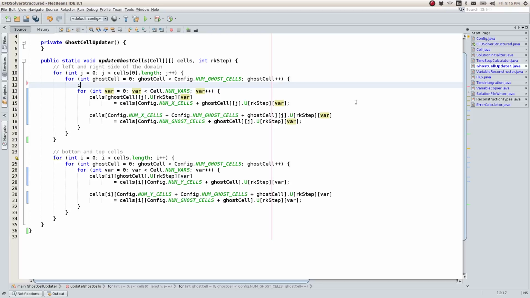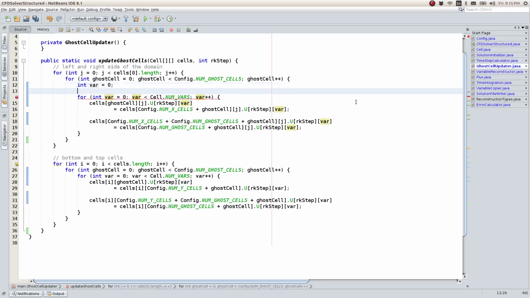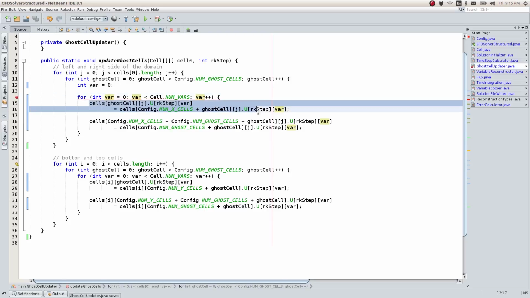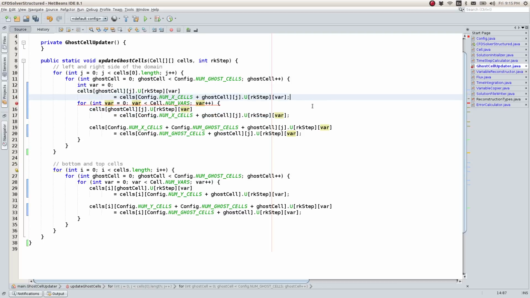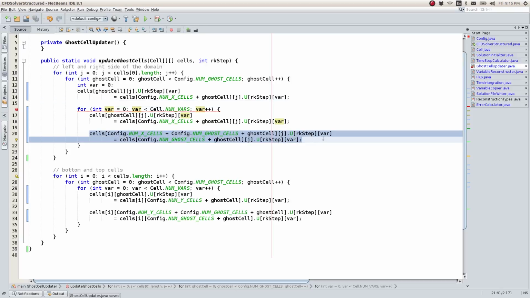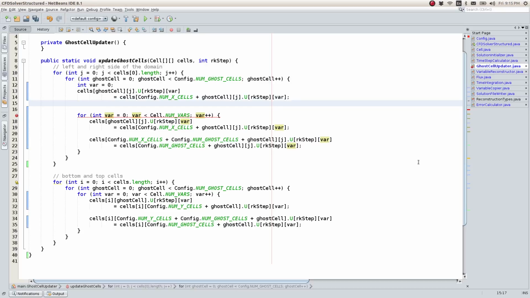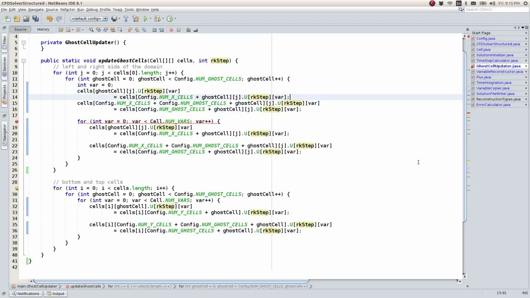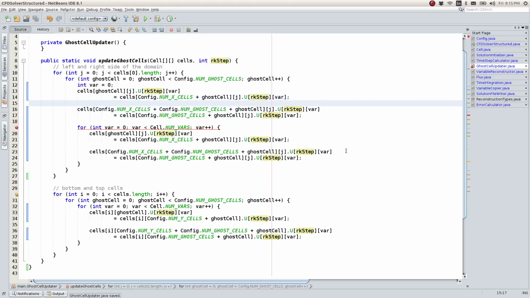So let me say int variable equal to 0, and in such a case I want to do something with the two walls, left wall and the right wall.